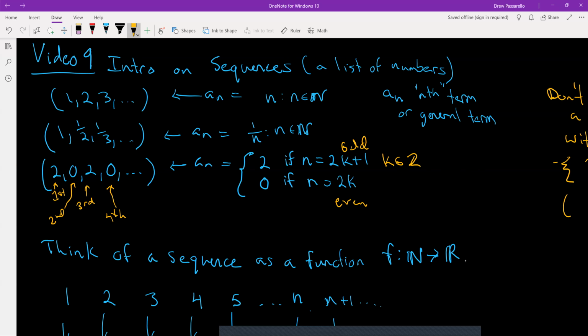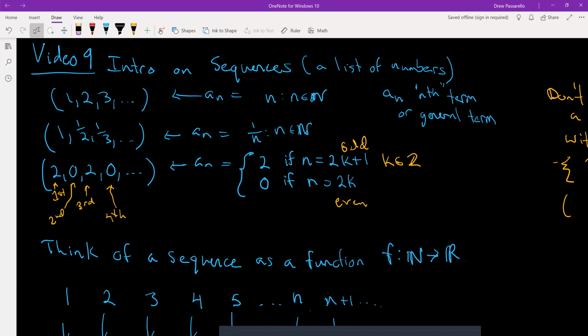So as a set, it would just be {0, 2}, where you only list any repeated items once, whereas in a sequence, you can have repeating values. Okay, so of these 3 examples, we'll mainly focus on the second 2 in this video.